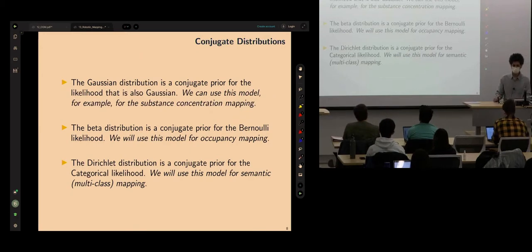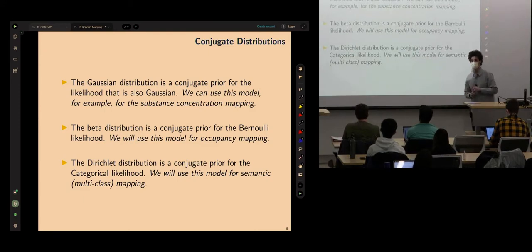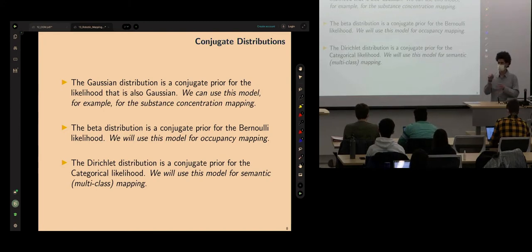So the Gaussian distribution is a conjugate prior for a likelihood that is also Gaussian. For example, if you want to map substance concentration, then we can use this type of mapping. You send a robot to measure the concentration of a gas, for example. Maybe there's a gas leakage somewhere. Maybe you have a sensor that can measure the intensity in some small area around the robot.